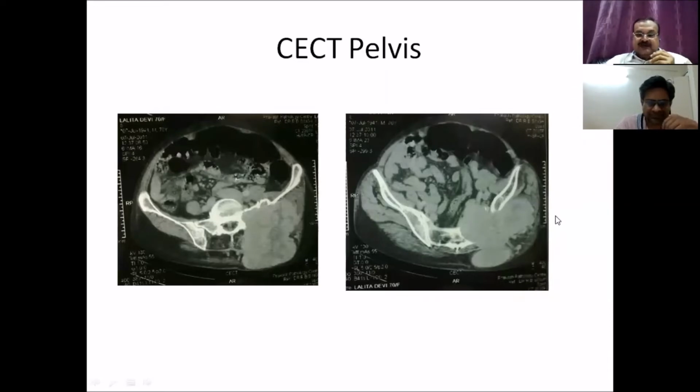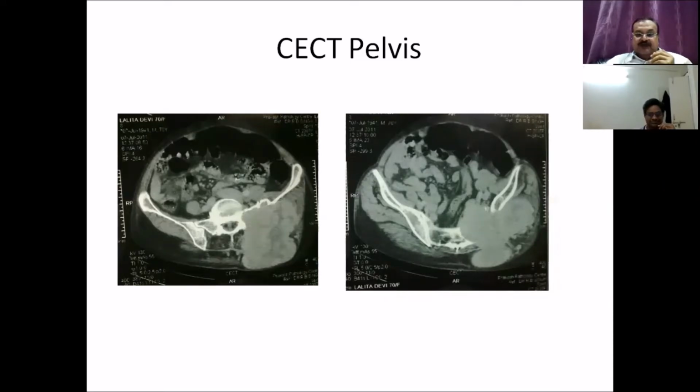And as far as the sensitivity and specificity in evaluating soft tissue sarcoma masses is concerned, both of them are equally good. So the choice basically depends upon the area being evaluated, whether you want to look at the bones better, the vascularity, or the soft tissue component.